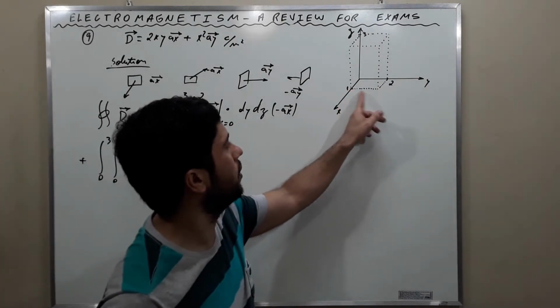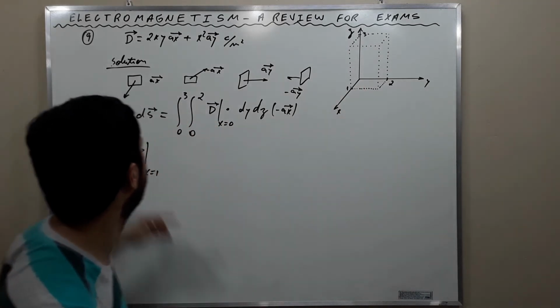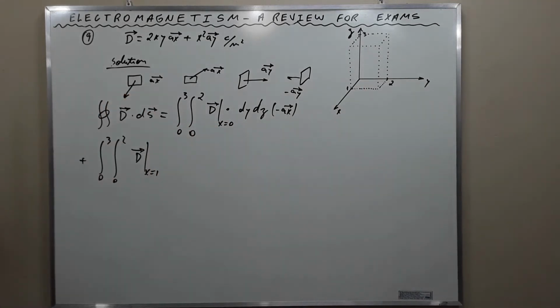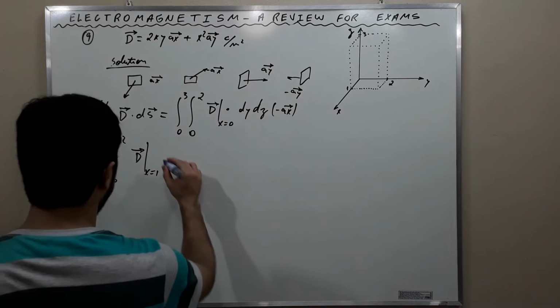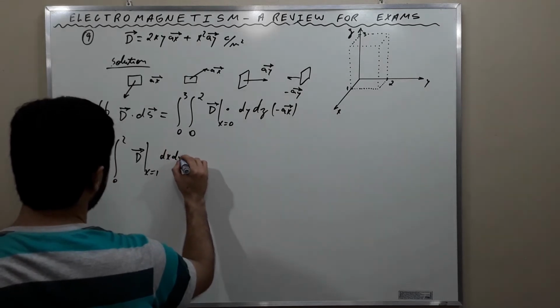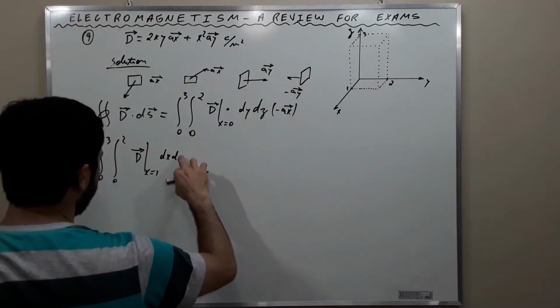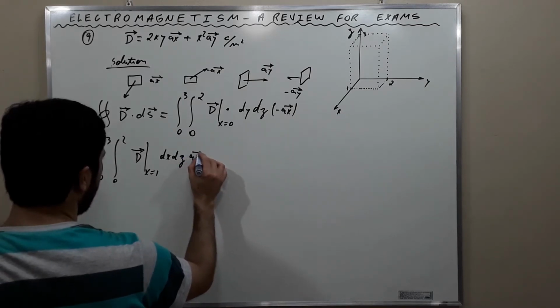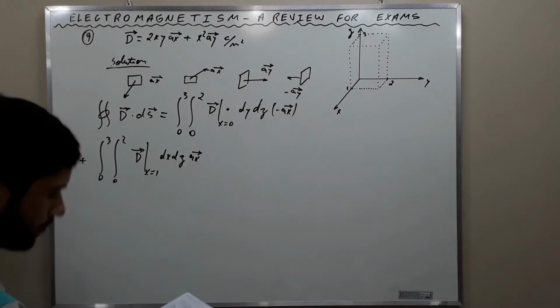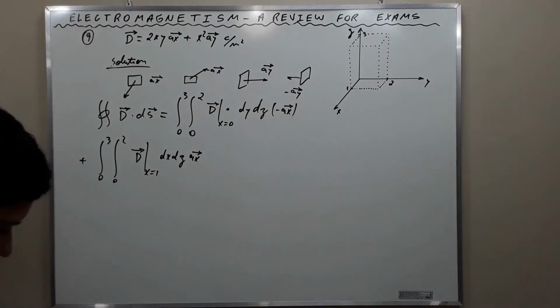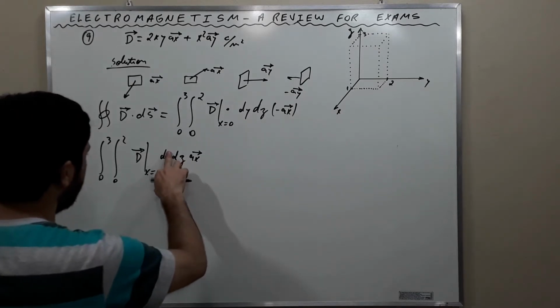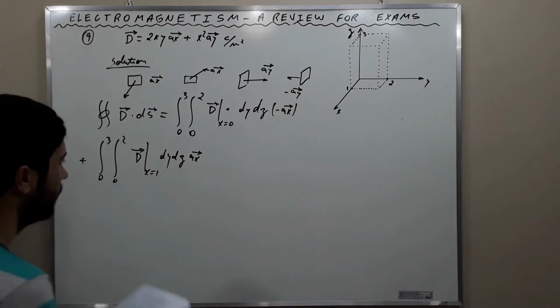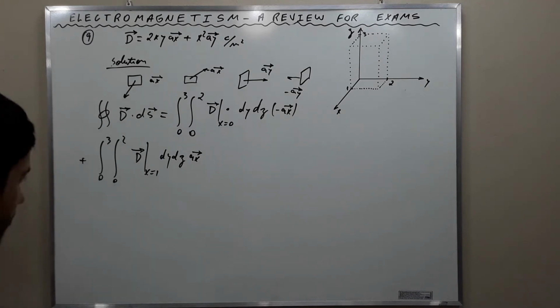X equal to 1 is this surface here, in the positive x direction, dy dz, in the ax direction.